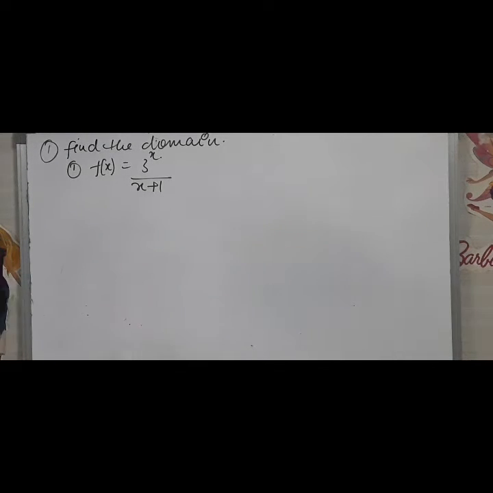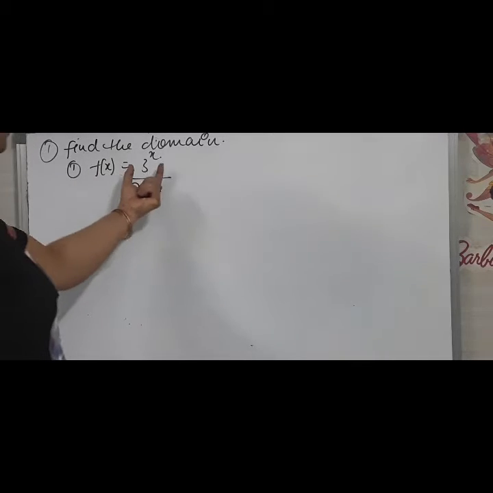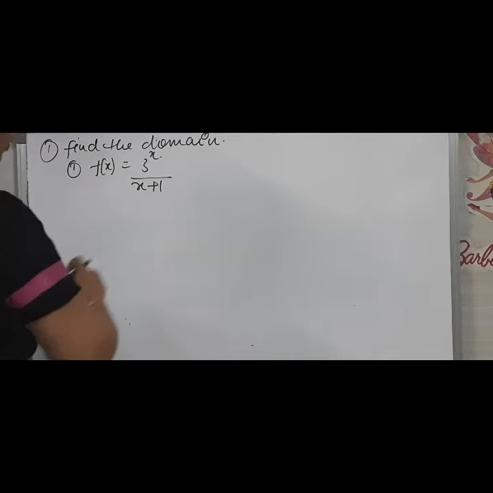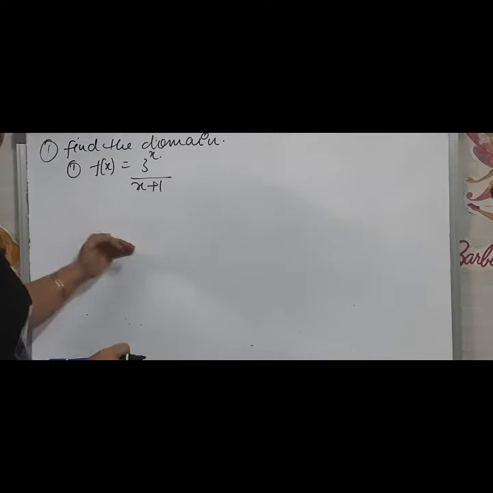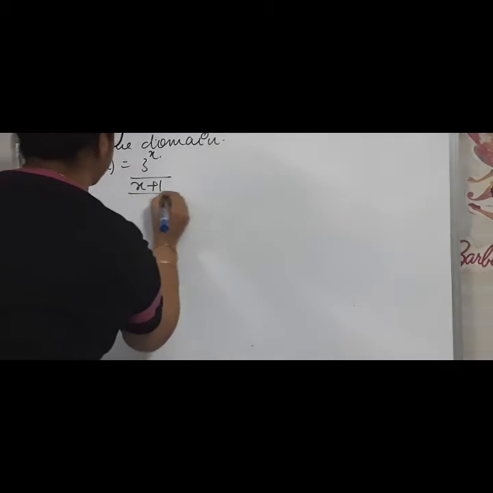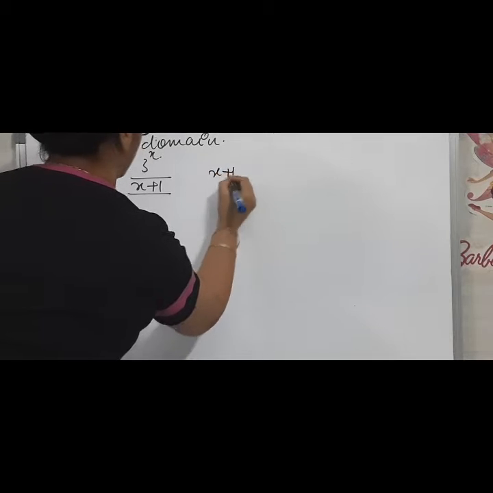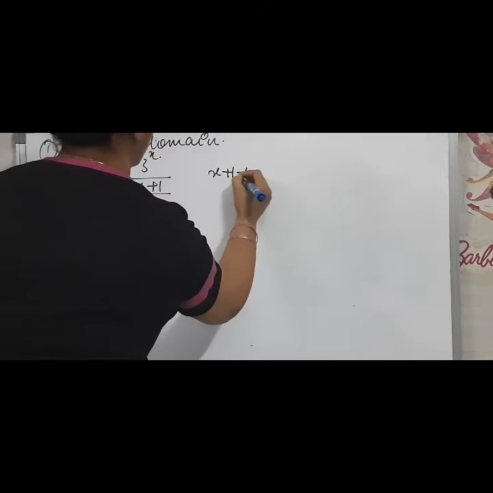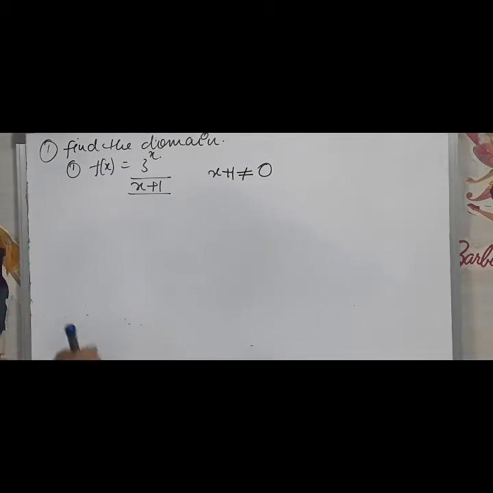First is f of x is equal to 3 to the power x by x plus 1. Now I told you please check the denominator part. I will check it: x plus 1. What I said, if you need to find the domain, the first step is that the denominator should not equal 0.